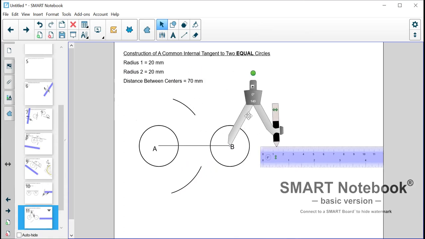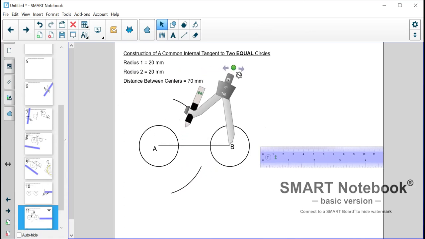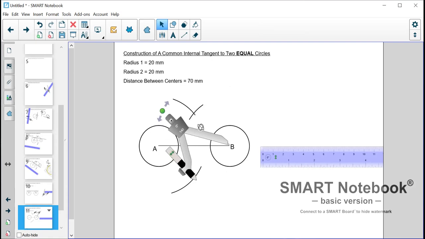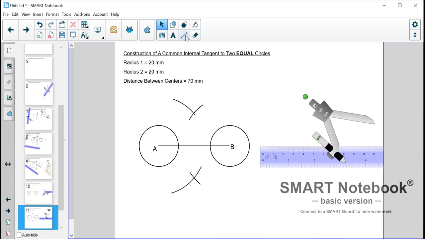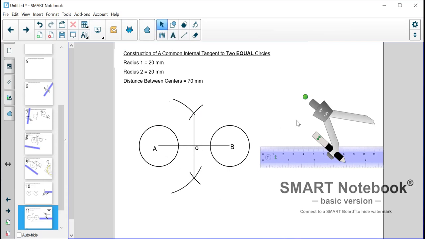Then you go to the other end with the same measurement and you do the same, scribing one arc on top to intersect the first arc and another at the bottom. When you finish, you simply draw a line through the two intersections, and that will give us center O. We label that center as O.